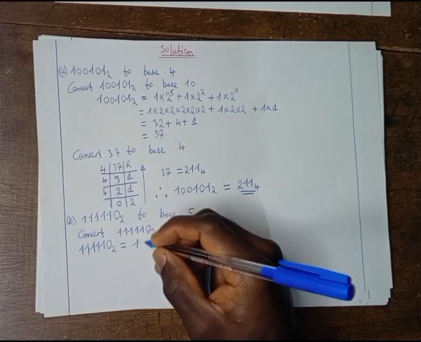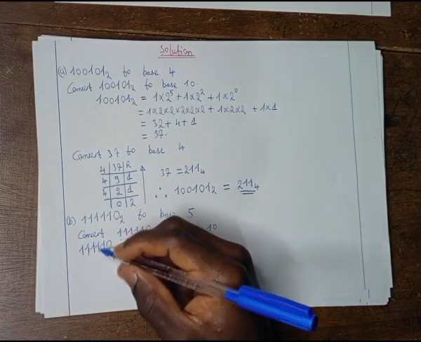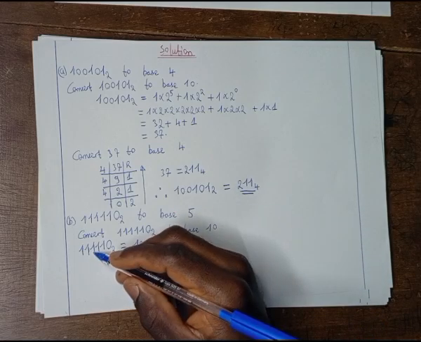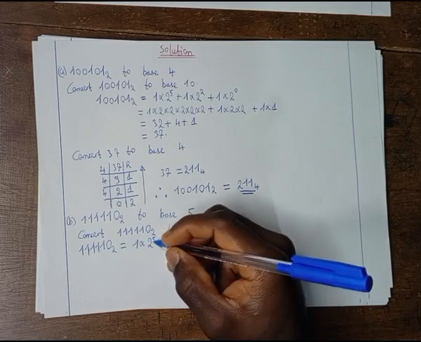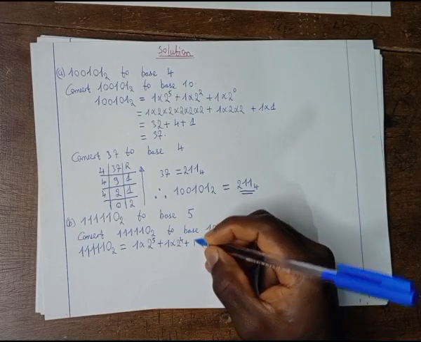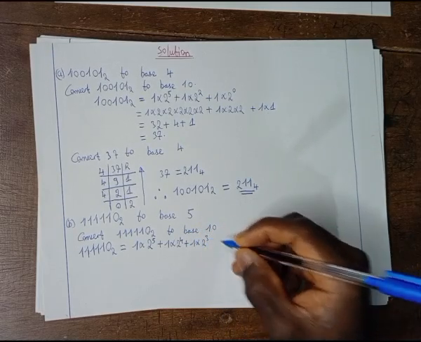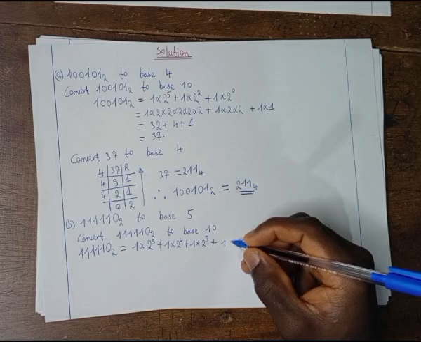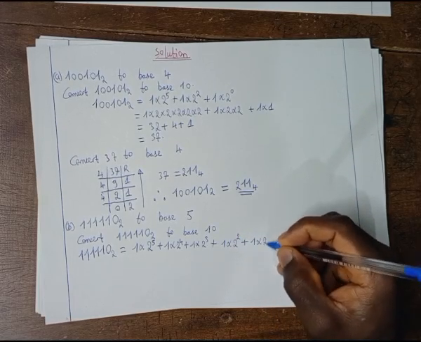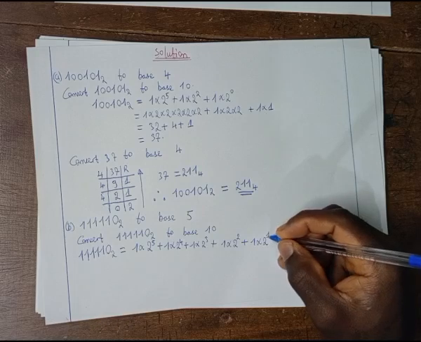This will simply be equal to 1 times 2 raised to the power 5, plus 1 times 2 raised to the power 4 plus 1 times 2 raised to the power 3 plus 1 times 2 raised to the power 2 plus 1 times 2 raised to the power 1.